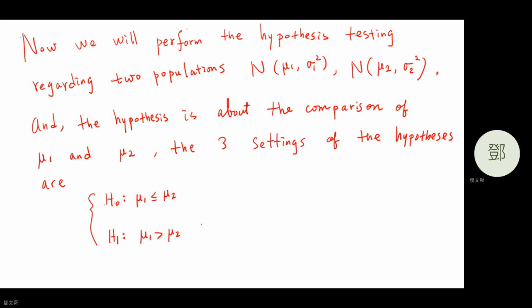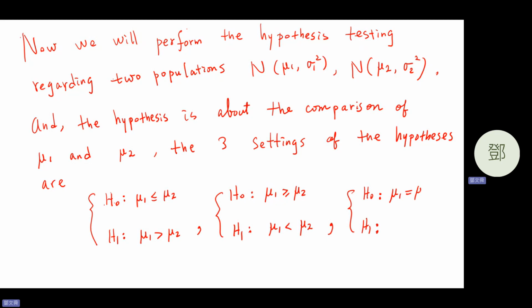All right. And then H0: mu1 bigger than mu2, and H1: mu1 smaller than mu2. And lastly, H0, H1 here: mu1 equals mu2, and mu1 not equal to mu2.